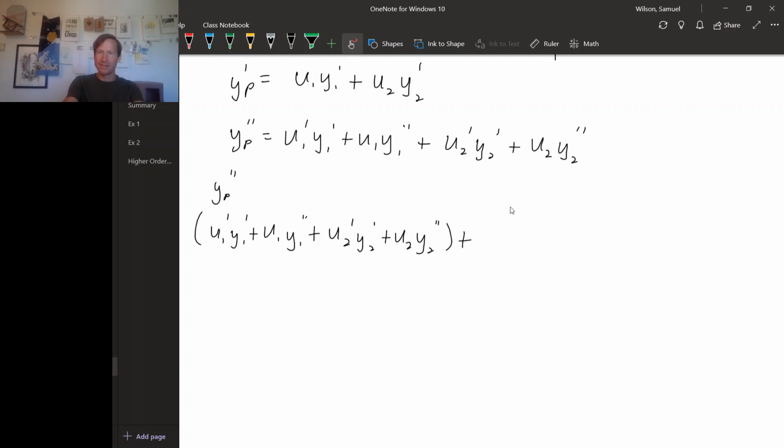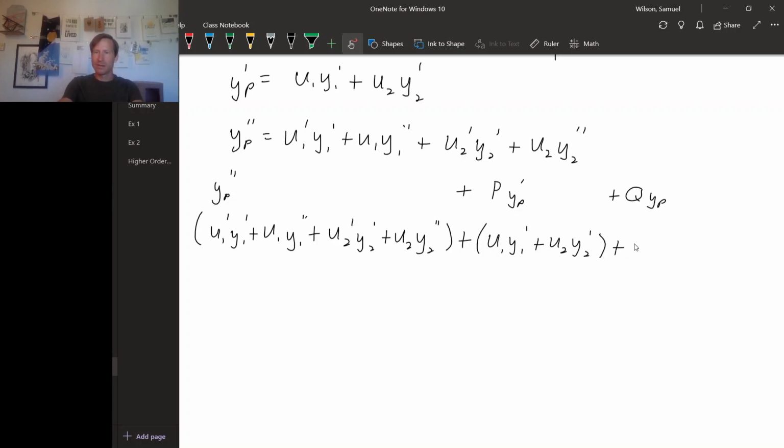Okay, plus, now the next term in the differential equation was our coefficient function p times y prime. So that's p times u1 y1 prime plus u2 y2 prime. And the third term was the coefficient function q times y itself.